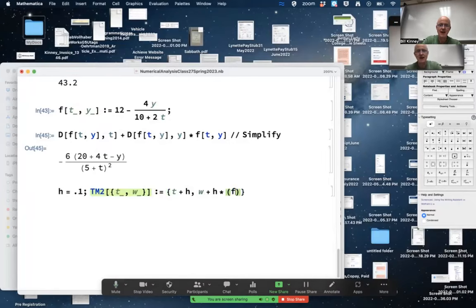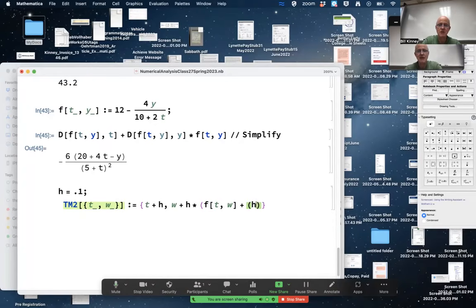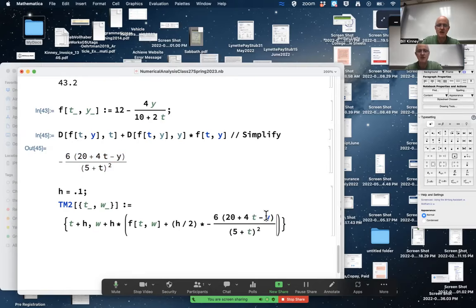Use parentheses here. F of t,w plus h over 2 times f prime is this thing, except change the y to a w. Right, this entire thing is the T2.